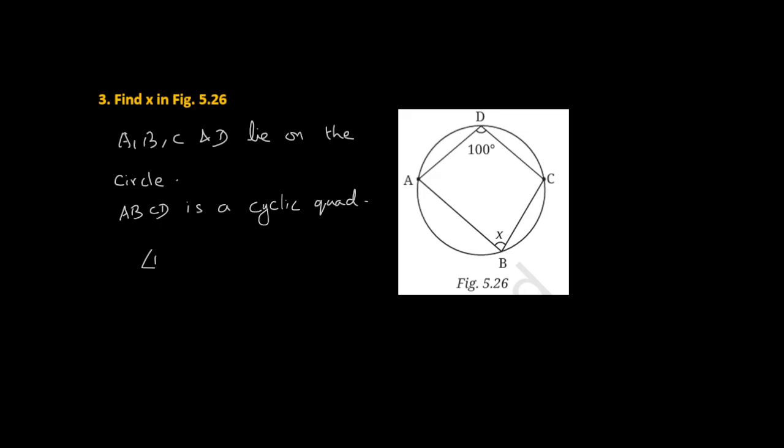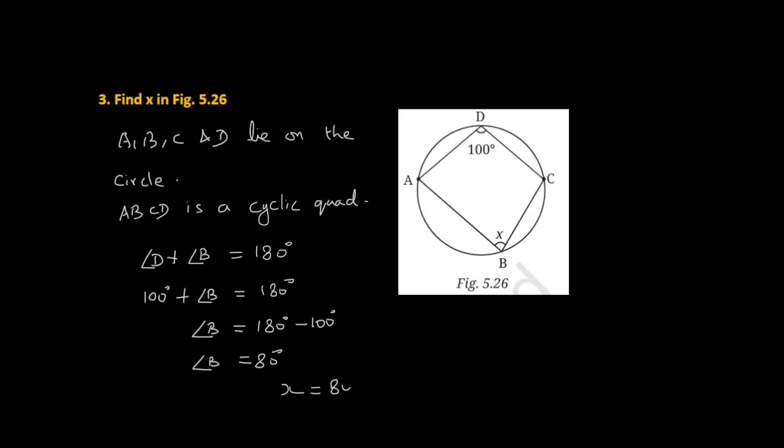So angle D and angle B are supplementary to each other. Opposite angles are supplementary in a cyclic quadrilateral. So angle D plus angle B is equal to 180 degrees, as well as angle A plus angle C is equal to 180. Angle D is given as 100 degrees. So angle B is equal to 180 minus 100. Angle B is 80 degrees, which means x is equal to 80 degrees.